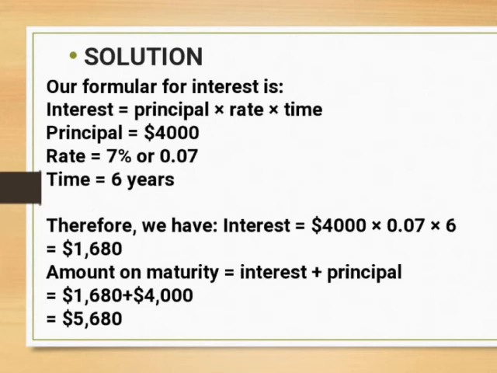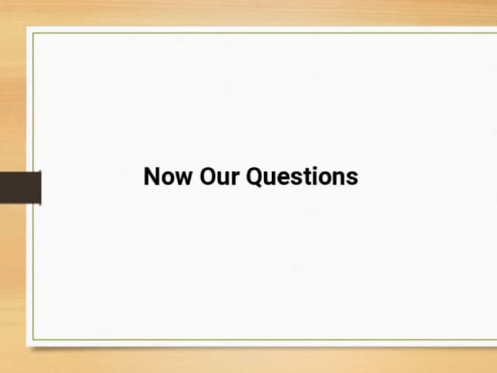This will give us $1,680. Amount at maturity equal to interest plus principal money. This will give us $1,680 plus $4,000. This will finally give us $5,680. Do we understand?